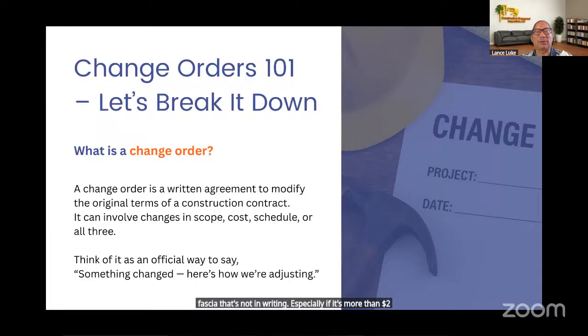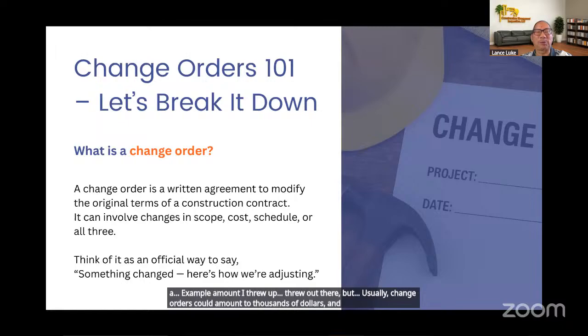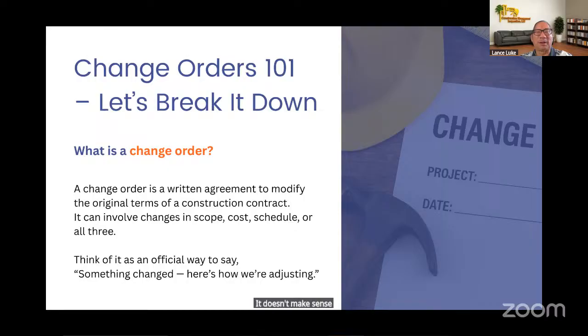The $20 is just an example amount I threw out there, but usually change orders could amount to thousands of dollars and sometimes hundreds of thousands of dollars. It doesn't make sense to have a verbal agreement because people forget.